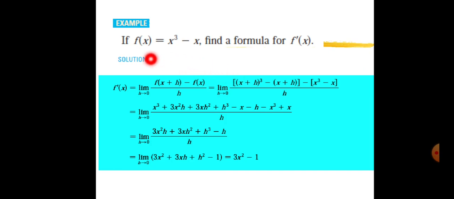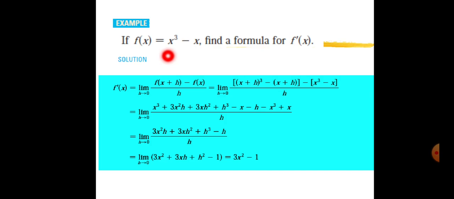Here we have an example. If f of x equals x to the power 3 minus x, find f prime of x using the basic definition. First of all, f prime of x equals, here we have the rule. f of x equals x power 3 minus x. So for f of x plus h, you have to replace each x by x plus h.